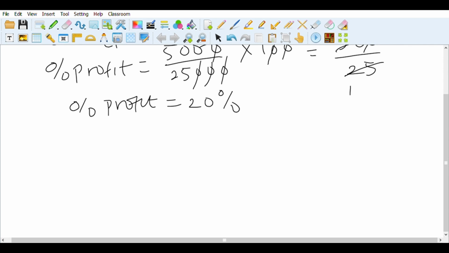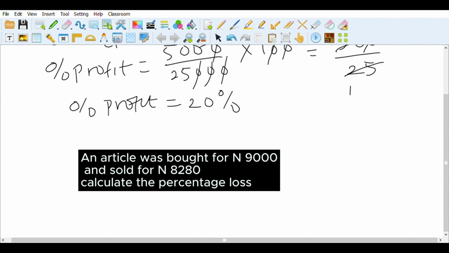Okay, let's take this example. An article was bought for 9,000 and sold for 8,280. Calculate percentage loss.